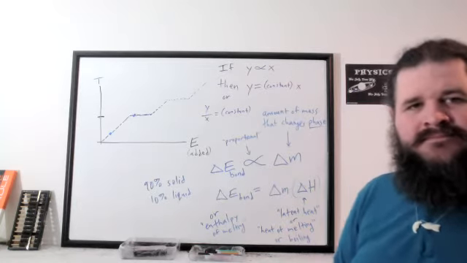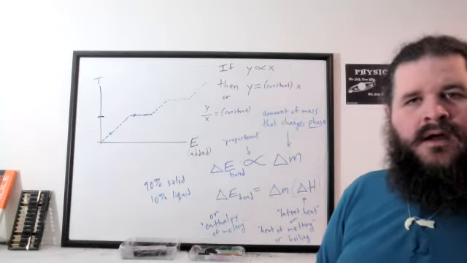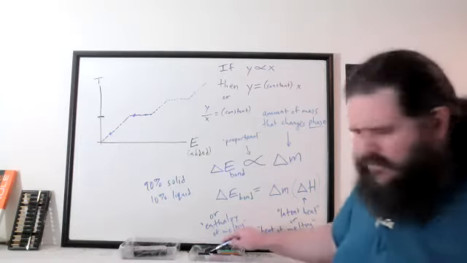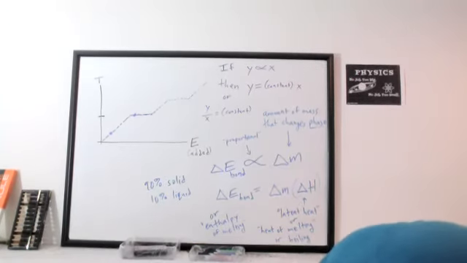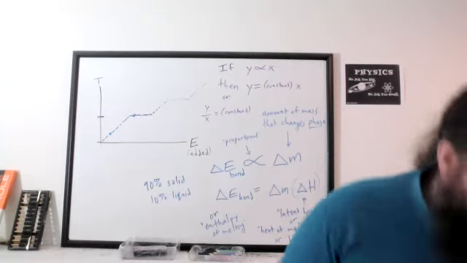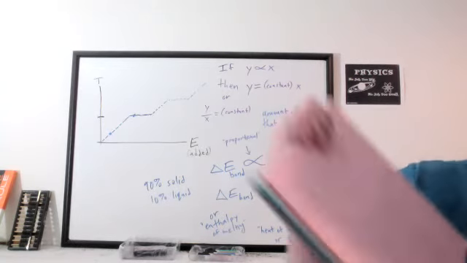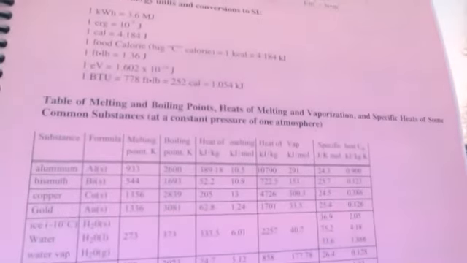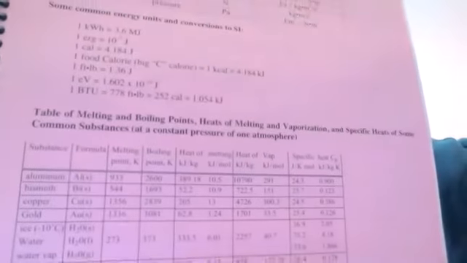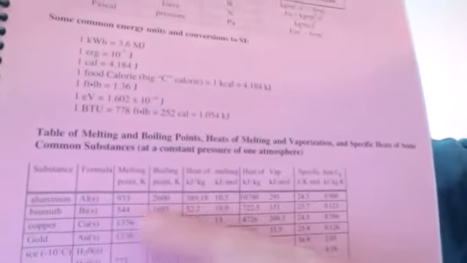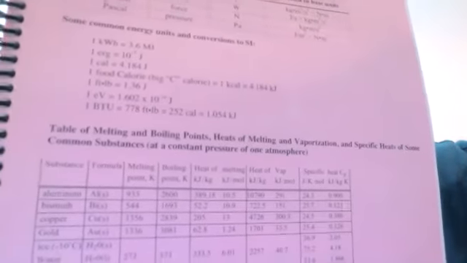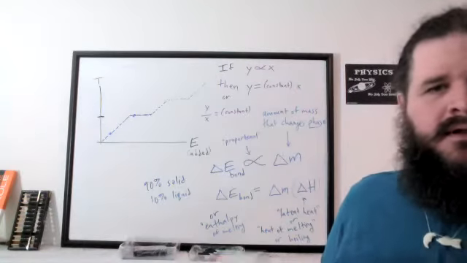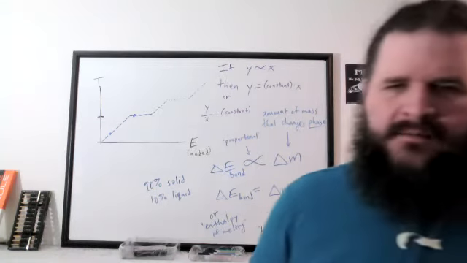How can we access the data table? There might be one available on Canvas. Have they sent one out to you at this point? It's going to look something like this. If that looks at all familiar, it should be a list of different materials and then a list of their properties. Have you seen anything like that yet? I don't think so. Okay, I think I have one on mathandcheese.org.